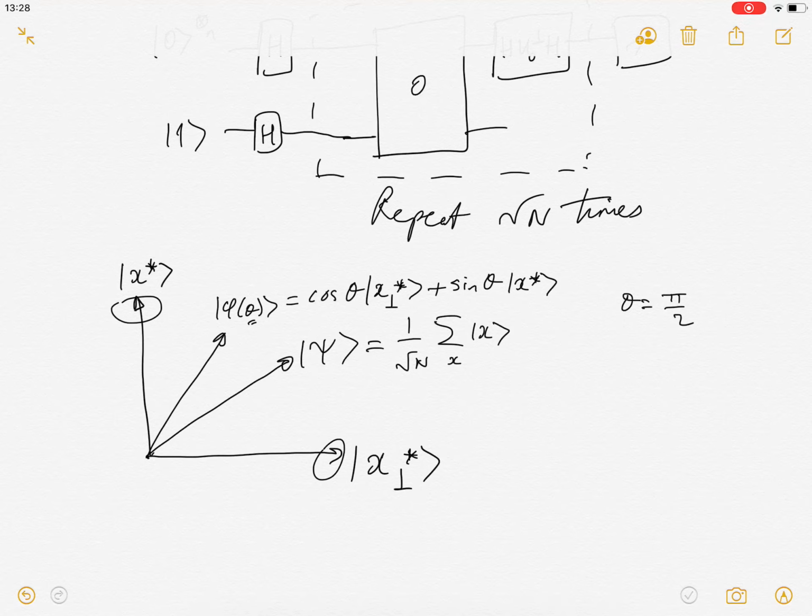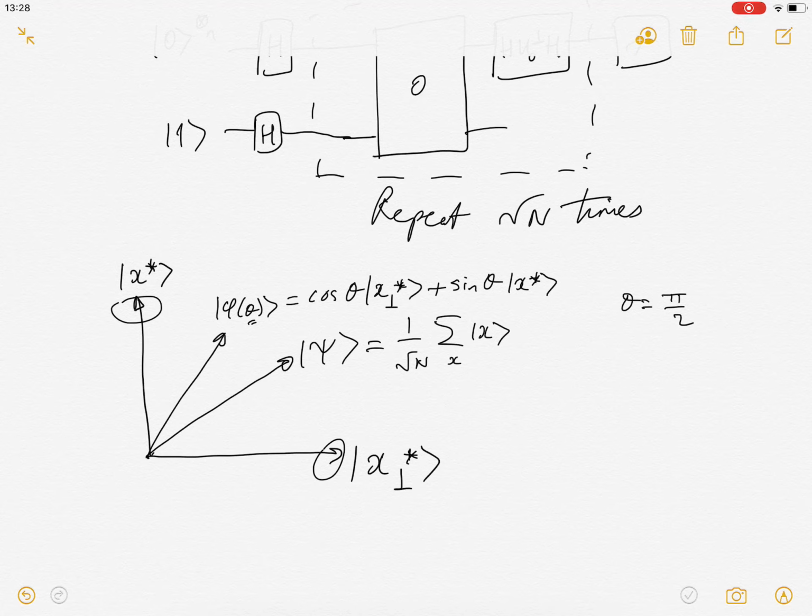But let's go back to our initial state. We start in state psi, the general superposition state with equal amplitudes. Let's observe the effect of one Grover iteration on an arbitrary given state phi theta. We begin with phi theta, and we apply the first step of the Grover's iteration, which is phase inversion of the key value.